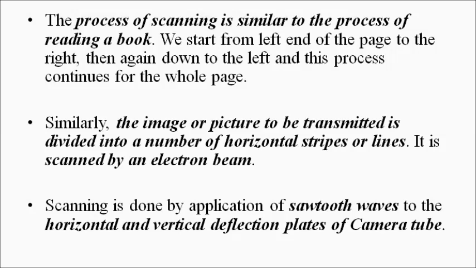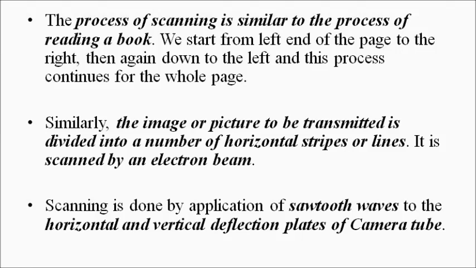What the human eye does in reading, here it is done by an electron beam. An electron beam scans an image, or breaks down an image, row by row, line by line, from top to bottom into small picture elements.